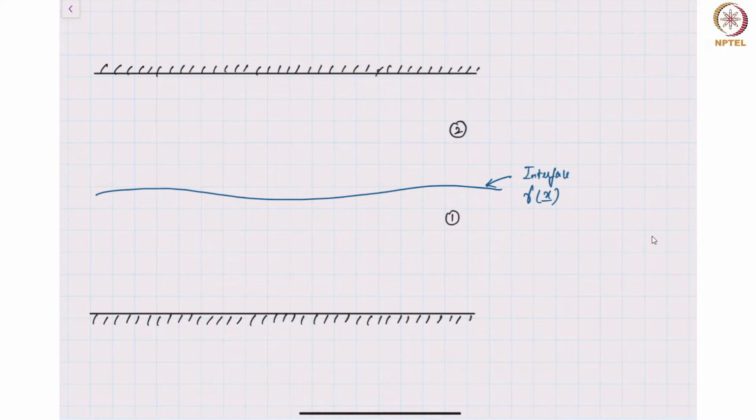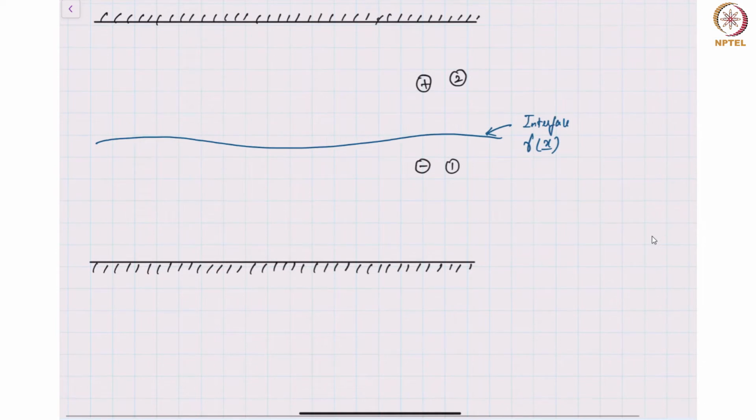Okay, so let's first look at the equations in 1 and 2. This 1 and 2 sometimes can also be referred to as fluid minus and fluid plus. So let's look at the equations in the two phases. Equations in fluid 1 would be del dot u for fluid 1 is 0. That's the continuity equation.